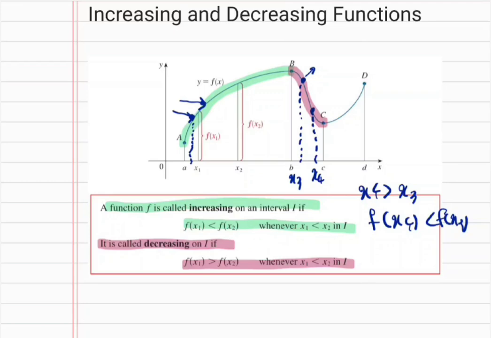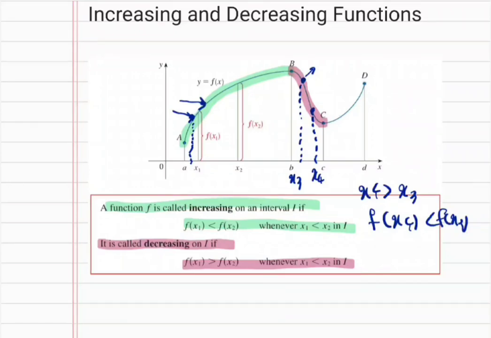For example, consider this highlighted bit for the decreasing function from point B to C. This condition holds for all the x values. Whenever the second x value is greater than the first one, the value of the function is the other way around. So if x4 is greater than x3, then f of x3 is greater than f of x4, because that's a decreasing function in that interval.